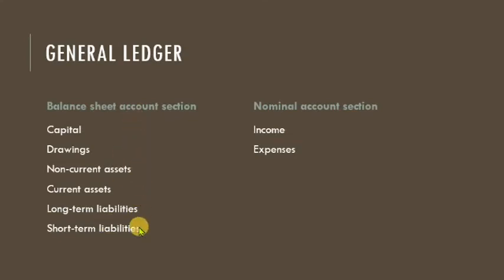This is also the sequence in which you will post your accounts or your information in your general ledger. Then after you completed your balance sheet account section, you will have your nominal account section, and those are only the income and the expenses under this subheading.